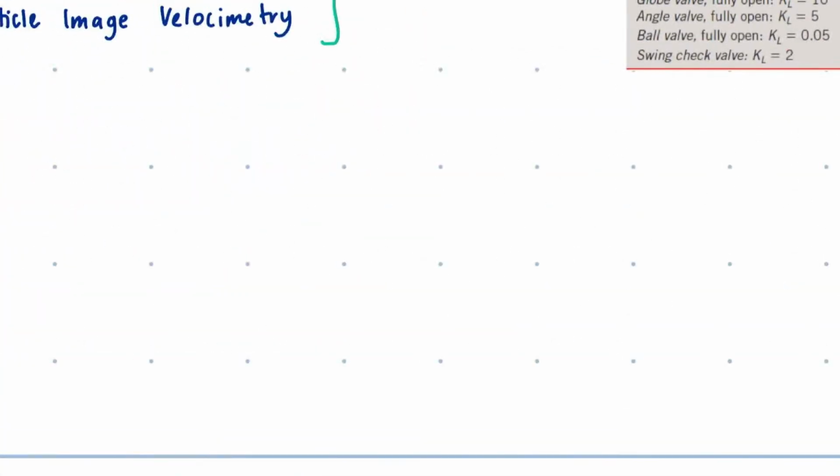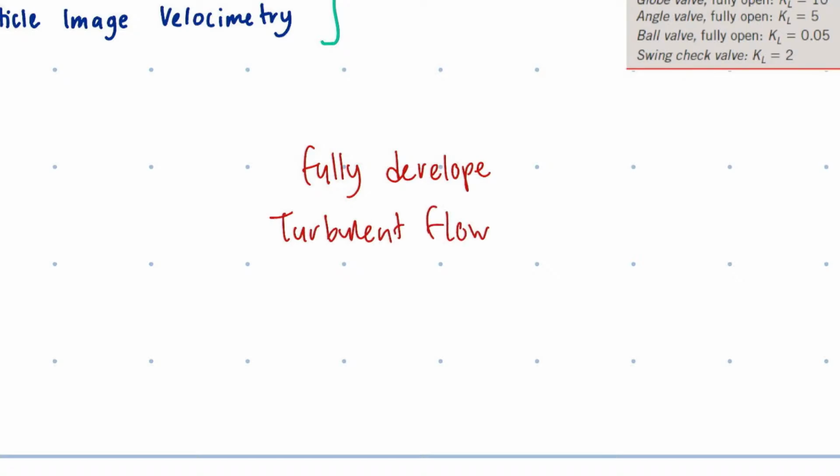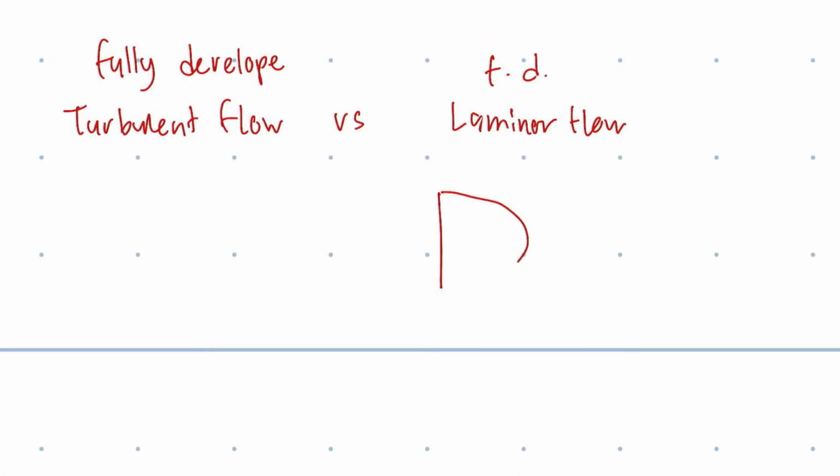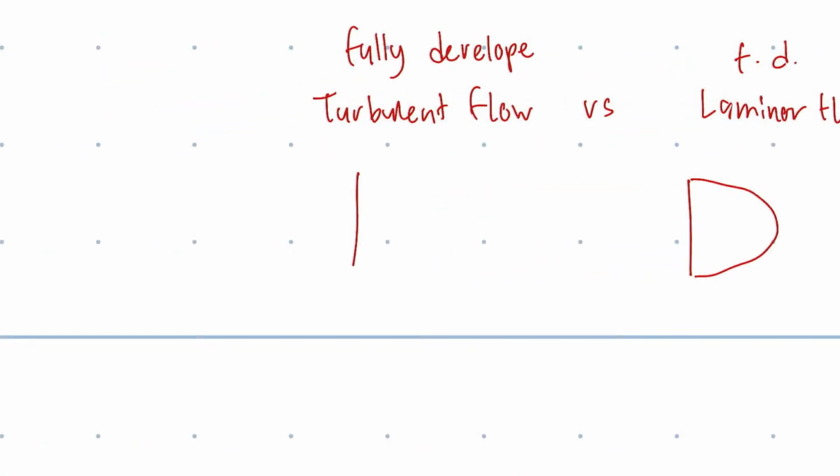Okay, so they can ask you, how does a fully developed turbulent flow compare with fully developed laminar flow? The laminar flow looks like this, but the turbulent flow looks like that.